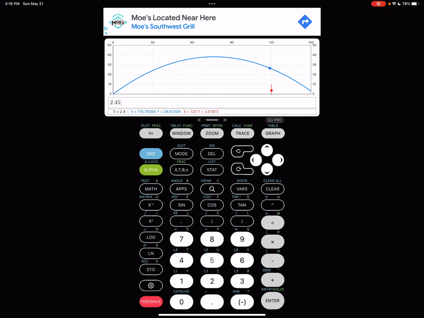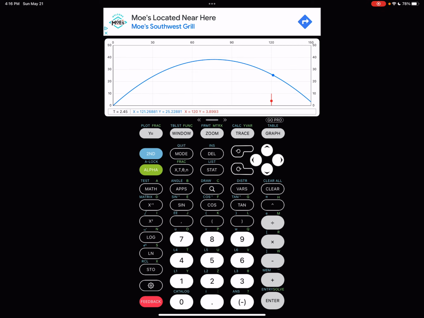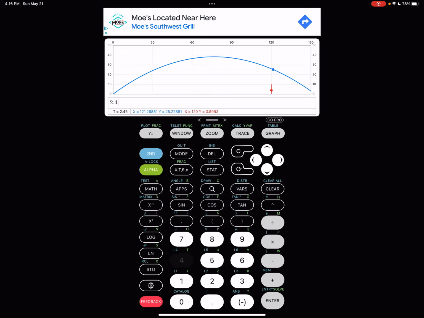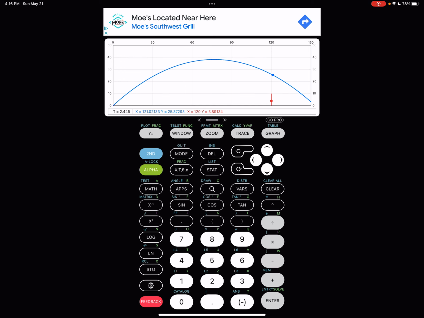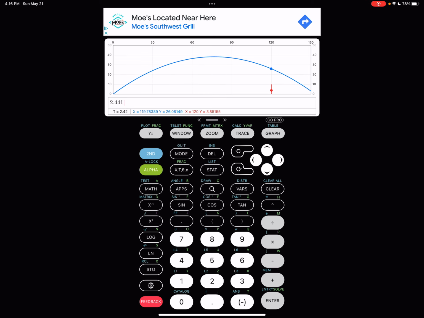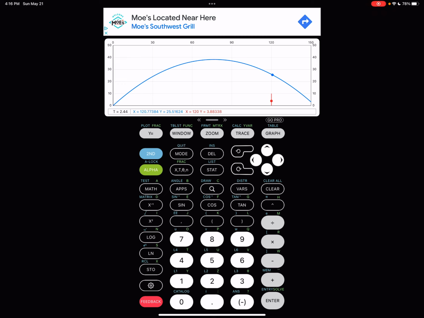At this point, it's just a guessing game of trying to figure out where your ball is in terms of 120. And honestly, it doesn't have to be exact, so I'm just going to say 2.44 and call it a day. So we could see that it's going to be around 2.44 seconds.